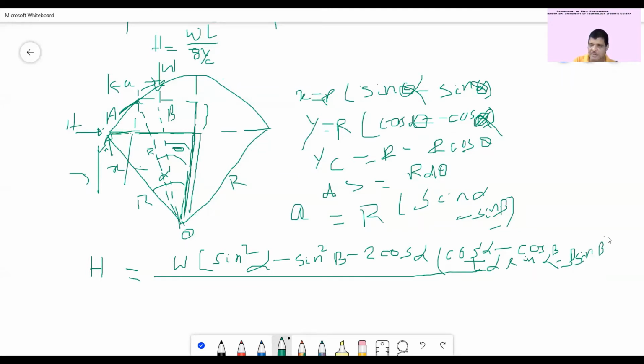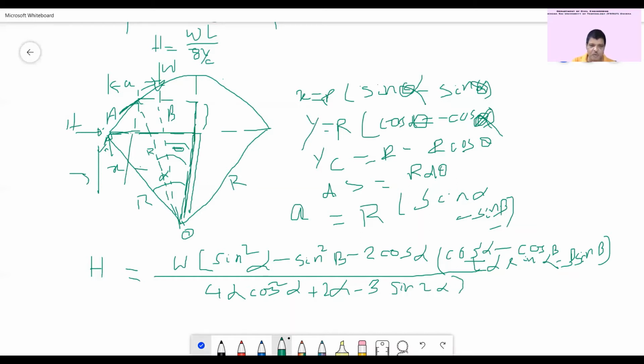The denominator is 4 alpha cos square alpha plus 2 alpha minus 3 sin 2 alpha. So this will be the value of H.